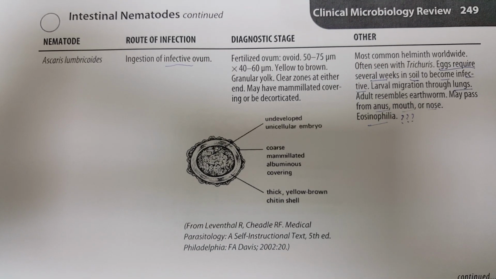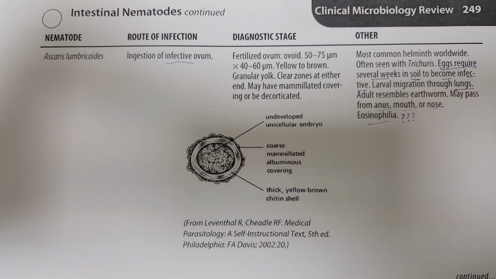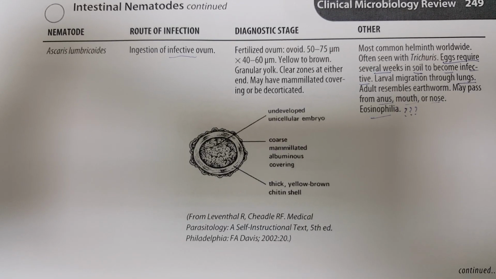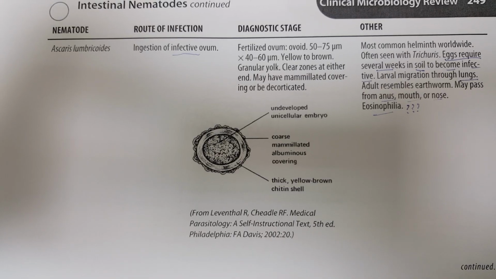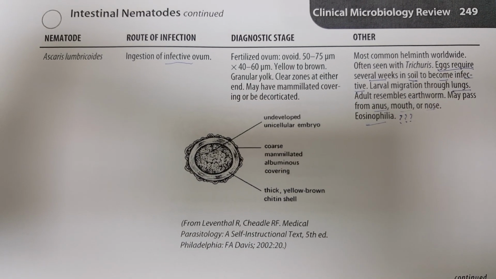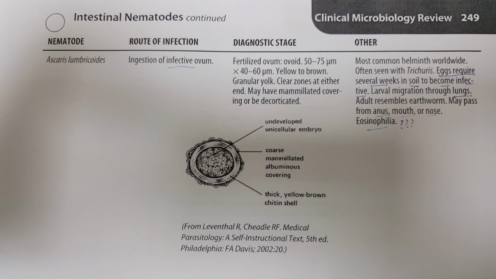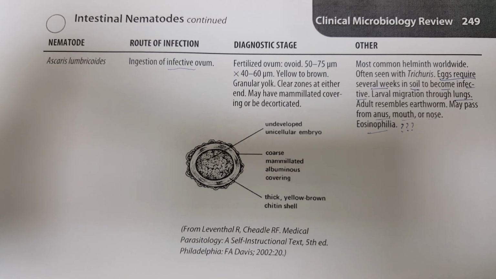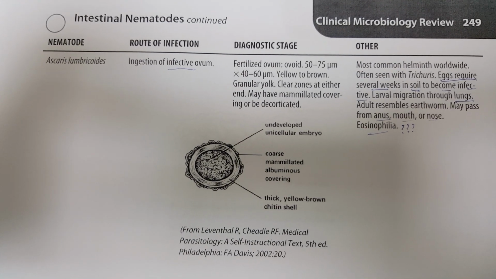The fertilized egg is 50 to 75 micrometer by 40 to 60 micrometer, yellow to brown with granular yolk, a clear zone at either end, and may have a mammillated covering or be decorticated. It is the most common helminth worldwide, often seen with Trichuris, and the eggs require several weeks in the soil to become infective. Larval migration occurs through the lungs. The adult resembles the earthworm and may pass from the anus, mouth, or nose.